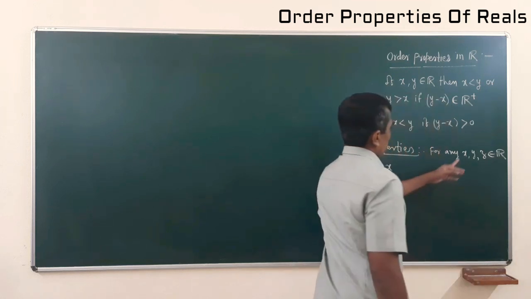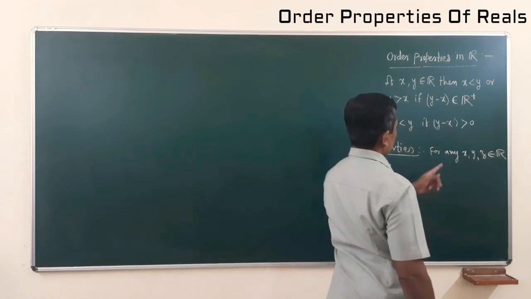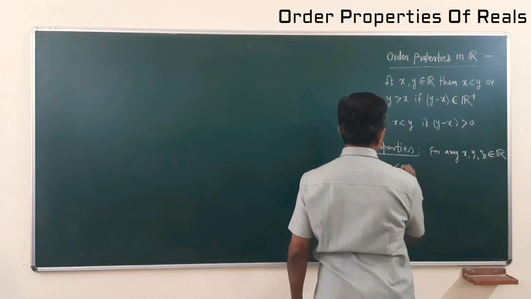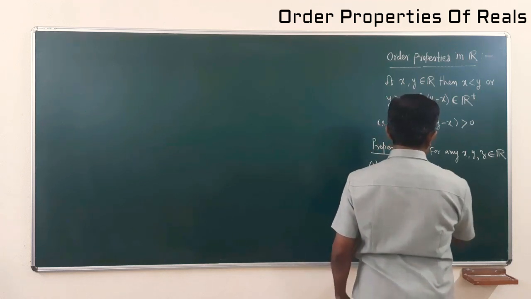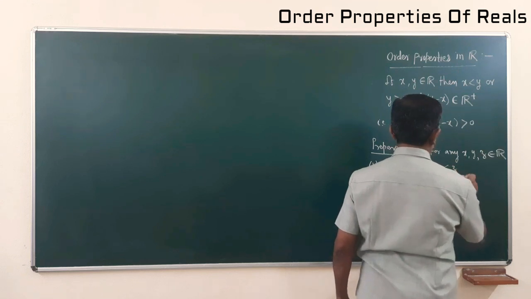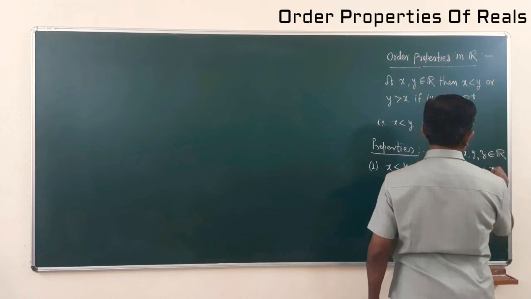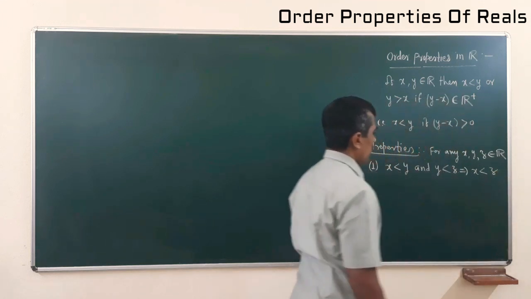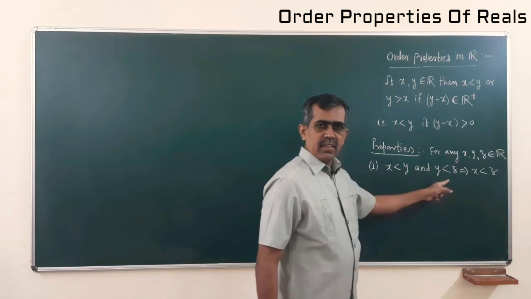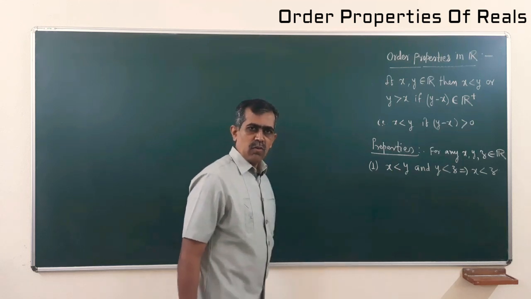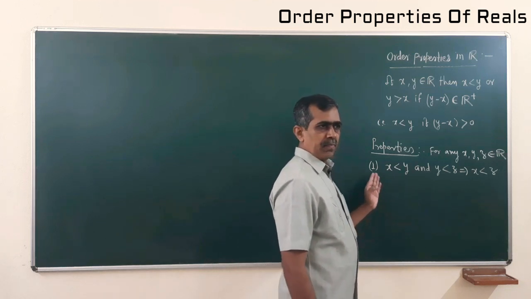I am considering here x, y, z as any 3 real numbers. So x less than y and y less than z implies x less than z. X less than y and y is less than z. You know, in 11th or 12th you might have studied this. What is this? Transitive property.